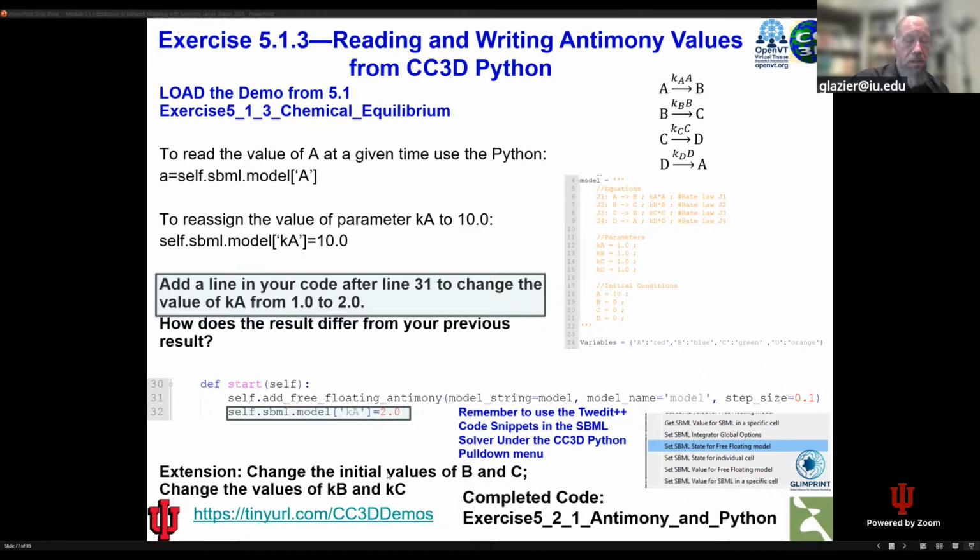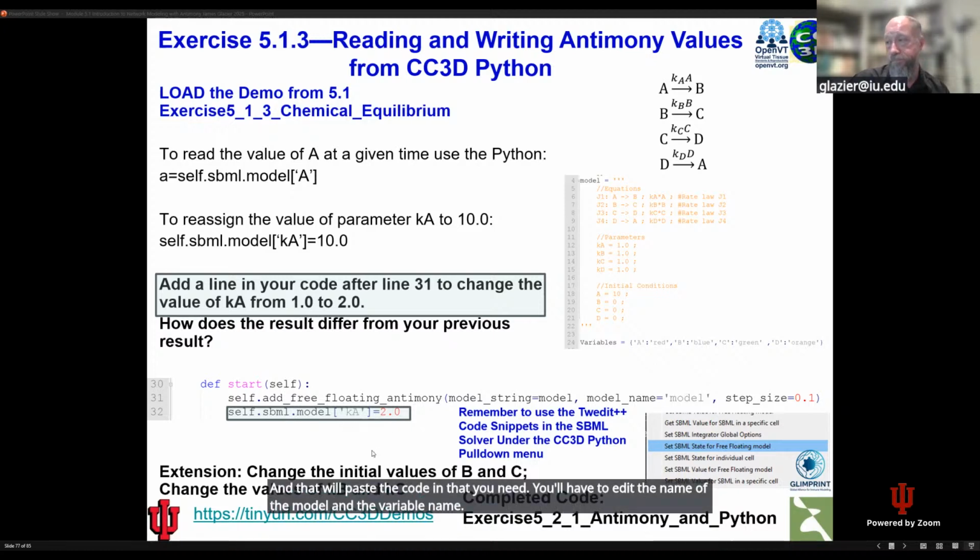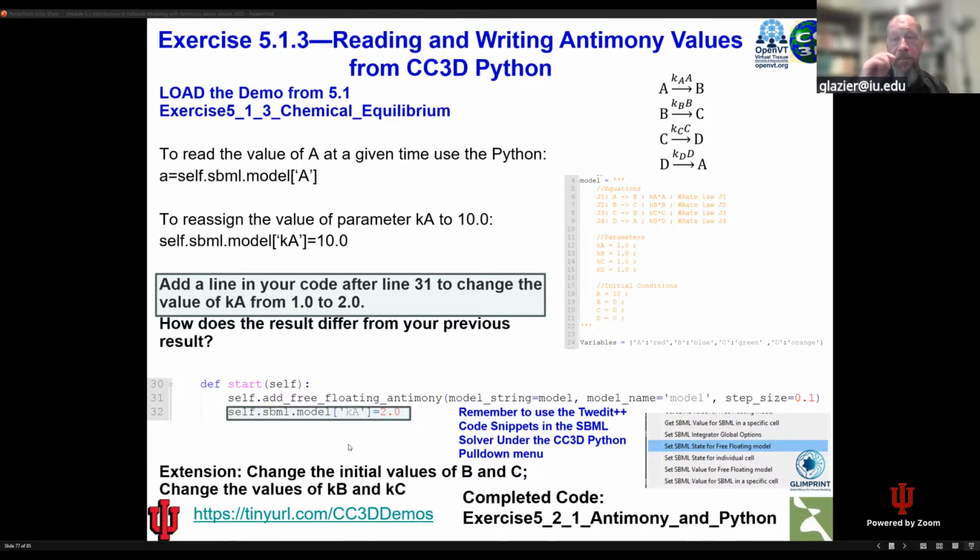And that will paste the code in that you need. You'll have to edit the name of the model and the variable name. Can people do that? So you're adding one line to your code, line 32. All of this code is in the Python steppable. It's not in the XML.